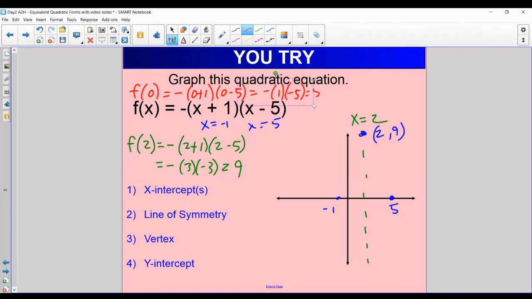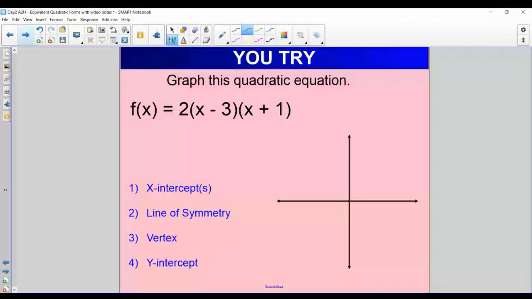So that is positive 5. So I've got that up here. And I can then have a symmetric point on the other side of my line of symmetry. And again, those 5 points are going to allow me to make a nice graph. So you can keep practicing these, or hopefully that is enough.